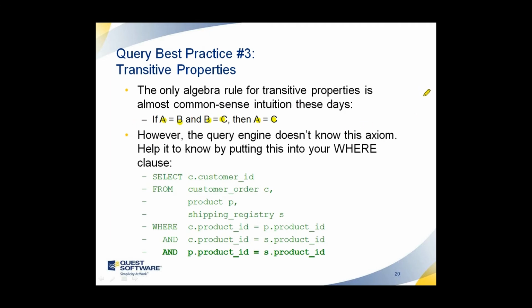So this is the kind of thing that I see overlooked a lot. It's an opportunity that's really easy to add to your SQL code. A lot of people will leave off that third line here. So maybe you're coding something and you say, I've got a 3-table join, and I link the first 2 to each other, and then I link these 2 to each other, but I don't take the step of linking these 2 to each other right here.